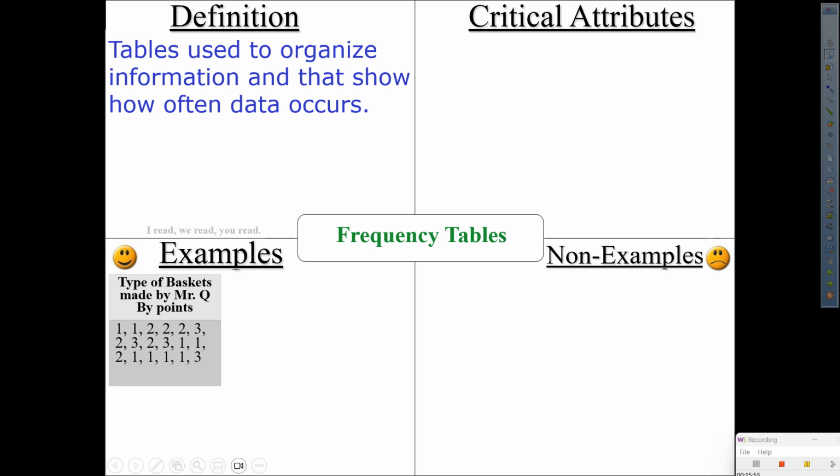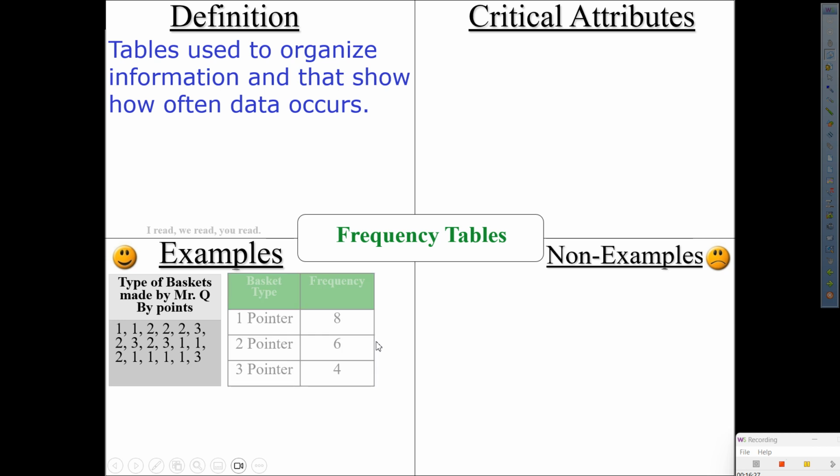So now let me show you how I can organize this data into a frequency table. Look up to the screen. Stop tapping on the screen. I write basket type, 1-pointer, 2-pointers, 3-pointers. Frequency. Well, I go check. 1-pointers.